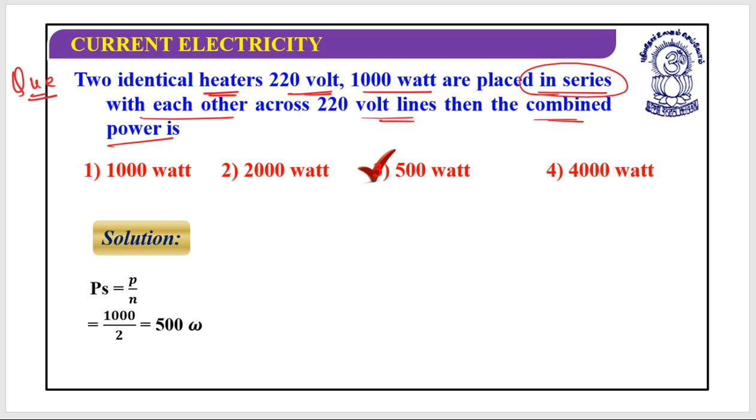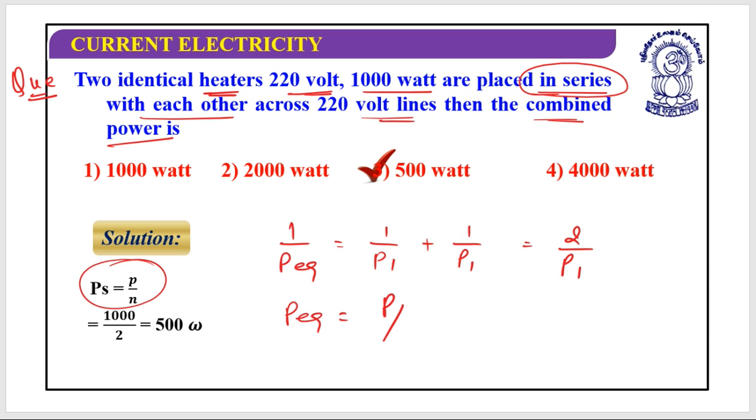When the devices are connected in series, the equivalent can be written as P by N, because this is the relation: 1 by P equivalent is equal to 1 by P1 plus 1 by P1. This equals 2 by P1, so P equivalent is P by 2. Their power is 1000 watt each, so this is 1000 by 2, and the total power consumption is 500 watt.